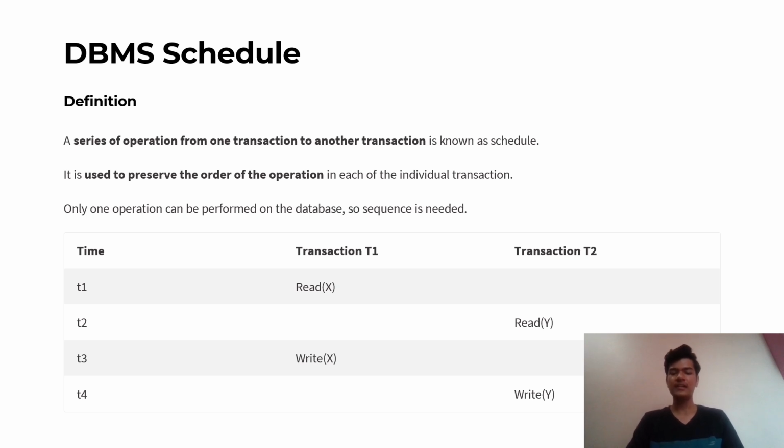This is performed concurrently, but still there is a sequence. As you can see, there are two transactions, transaction 1 and 2, and at time t1 only read x is performed, at time t2 only read y is performed, and later on at t3 write x and t4 write y.